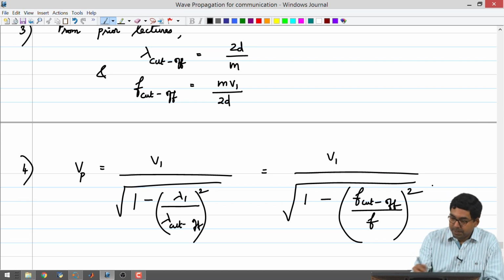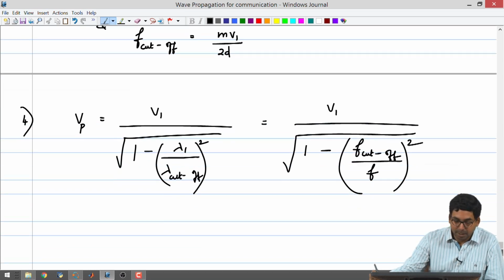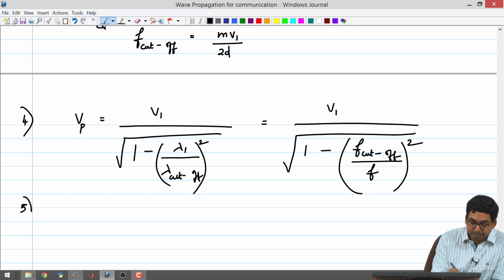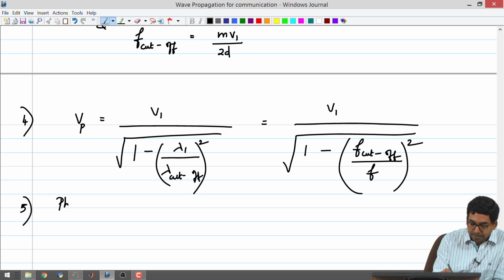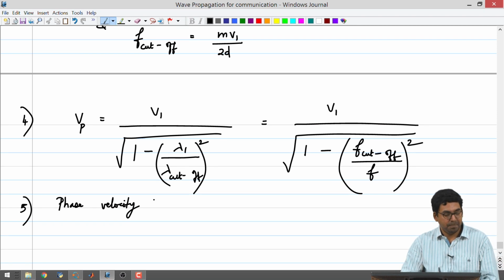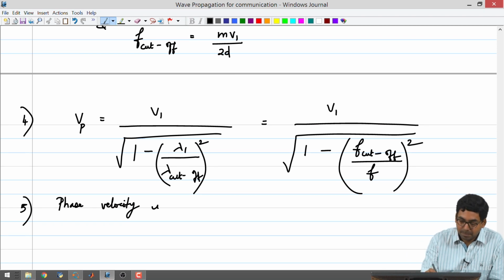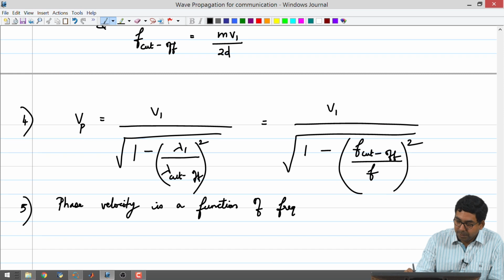Now, we have to see a few things after we have written down the phase velocity in this format. The first thing that we see is the phase velocity is a function of frequency.